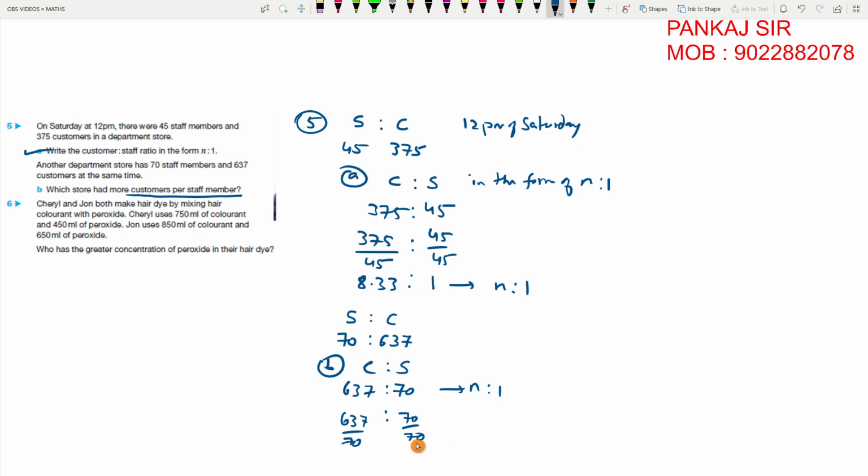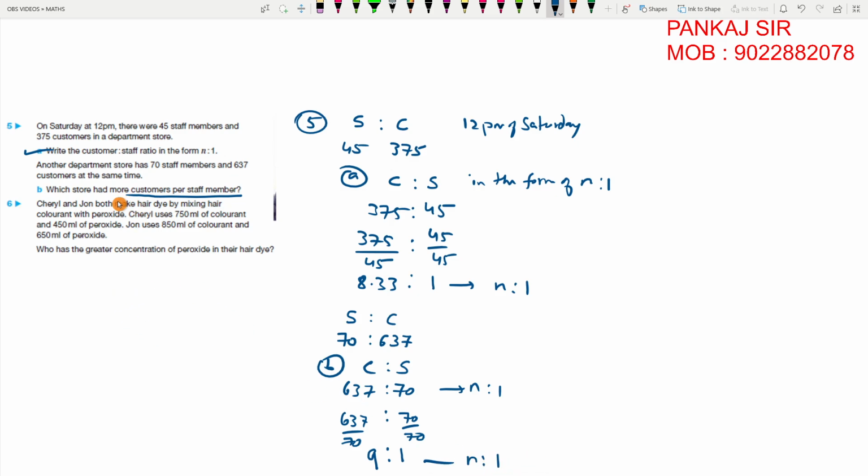This should give me 70 upon 70 is 1, and 637 upon 70 should work out to exactly 9. So I'm getting the ratio of 9 is to 1 in the n is to 1 form.